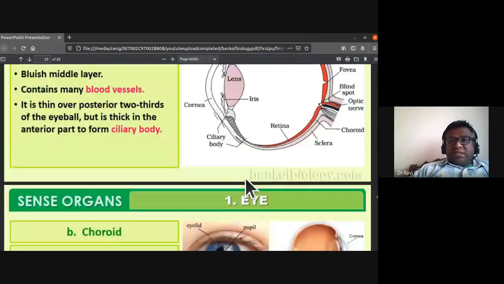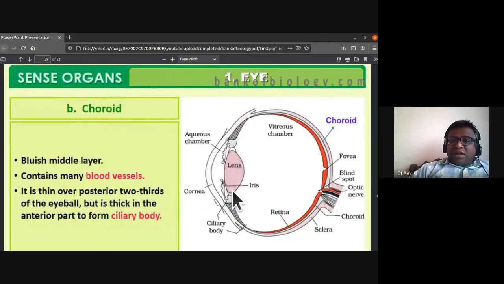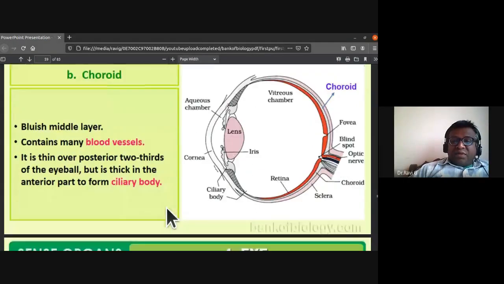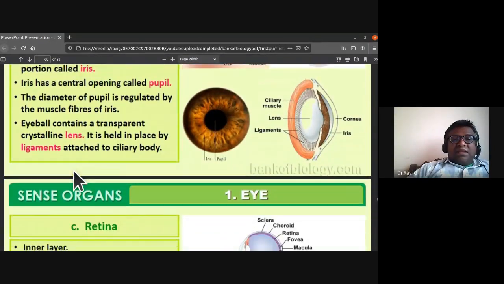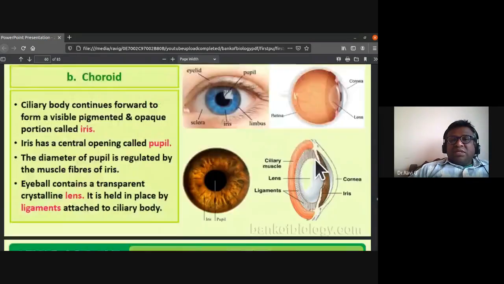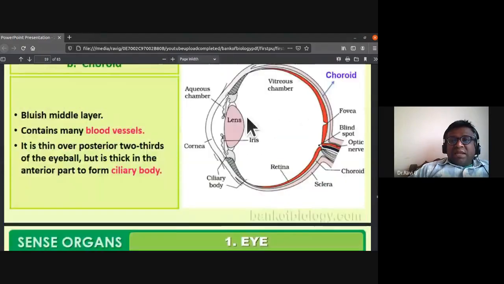How is it held in place? By ligaments attached to the ciliary body.